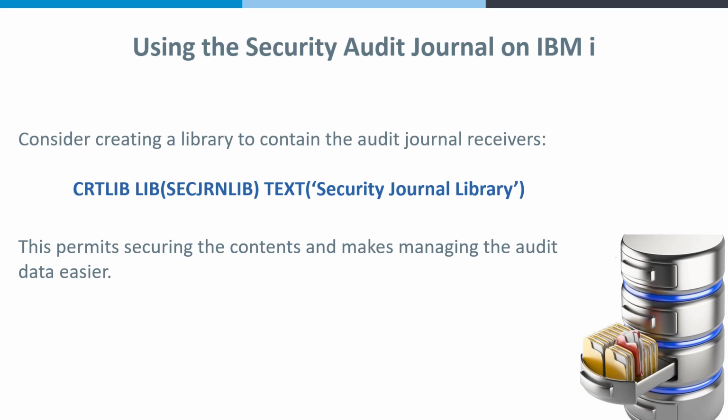These things generally have a finite size, so when the receiver becomes full, the journal will pause the stream and it will move the receiver out of the way and move a fresh empty receiver in its place. These receivers contain all of the valuable information, and so having them in their own custom library is just a good way to keep them safe and secure. If you don't do this, the default location for this information is the QGPL library. QGPL stands for General Purpose Library and is arguably not a great place for security data to reside.